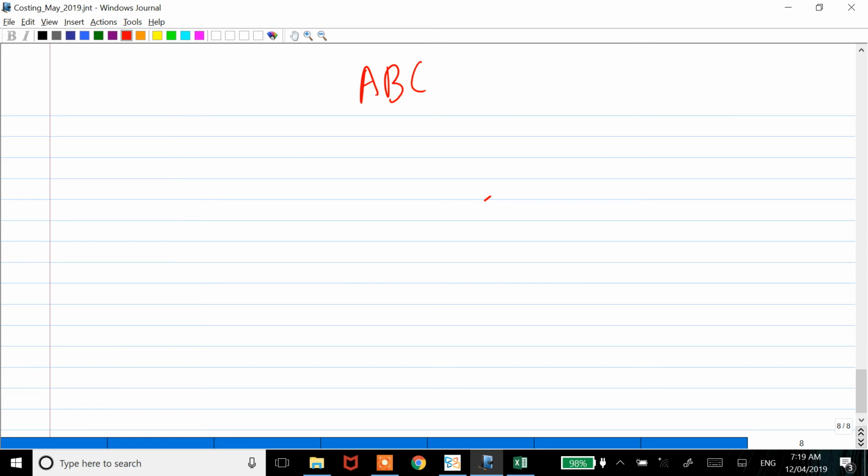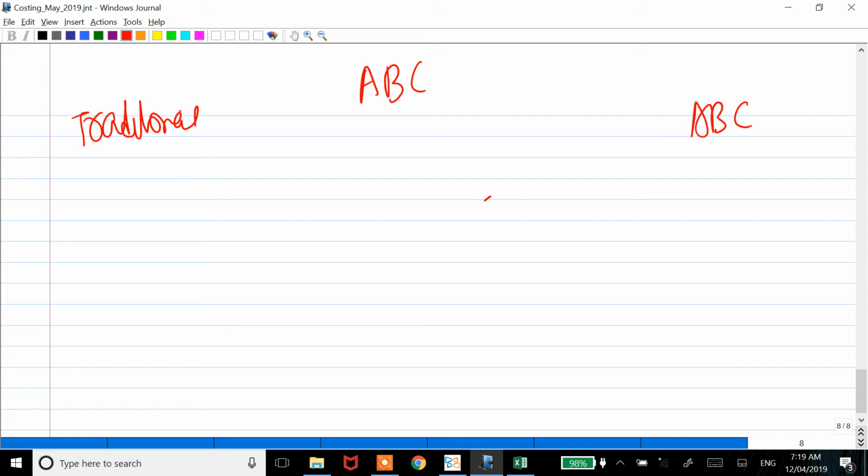I'll first explain what you do in activity based costing, and then we directly get into problem solving. Now, from a problem point of view, in activity based costing, we will have something called a traditional method and ABC method. We'll have 2 methods.